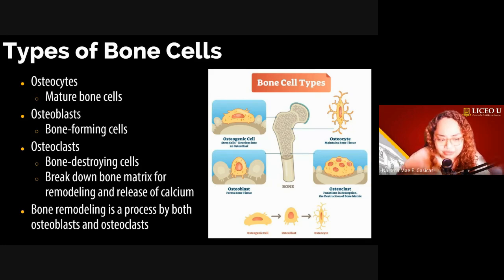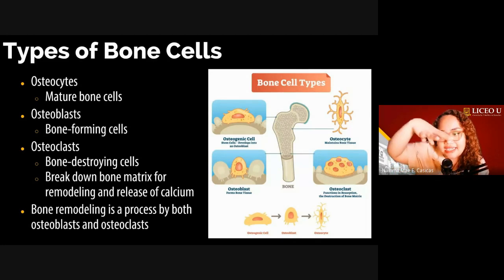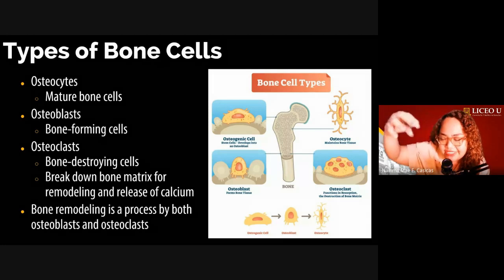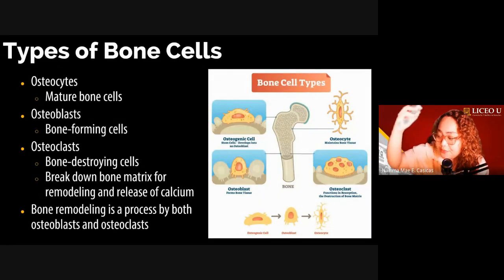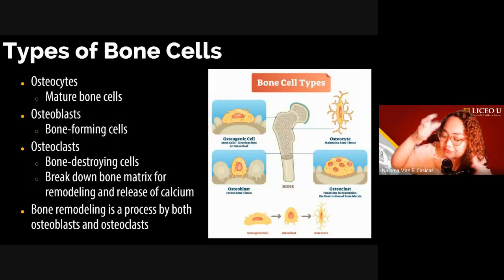So how do the child's bones also grow? The osteoclast breaks down part of the bone, then remodels it to make it longer, and at the ends, the epiphyses of your bones, it can remodel and reshape them.